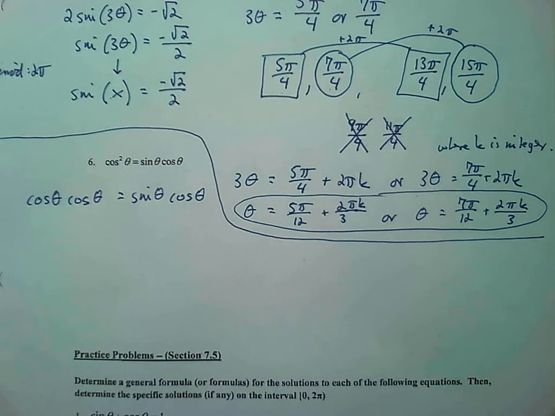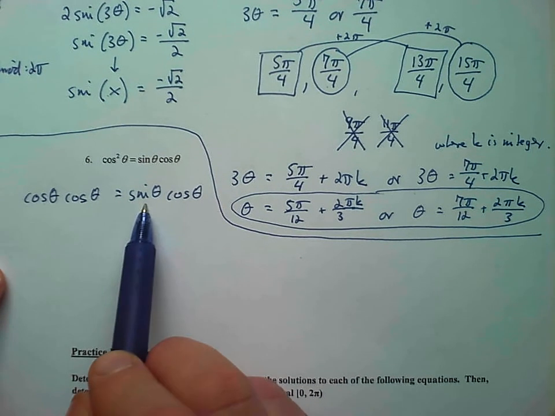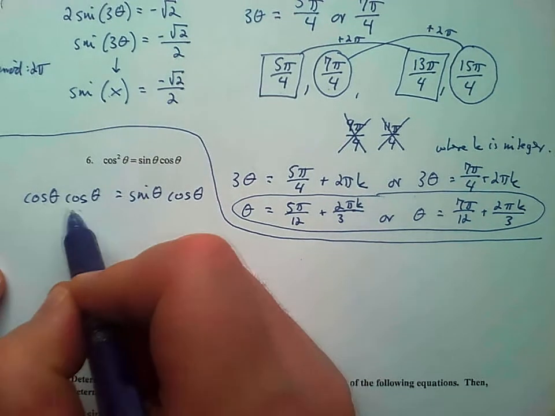Now, if the left-hand side must equal the right-hand side, what do we know must be true? Well, it must be true that cosine of theta is equal to the sine of theta. Because both of these were just multiplying by the cosine of theta.